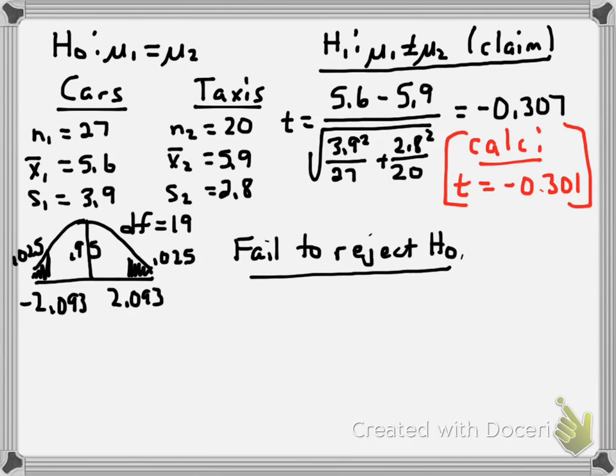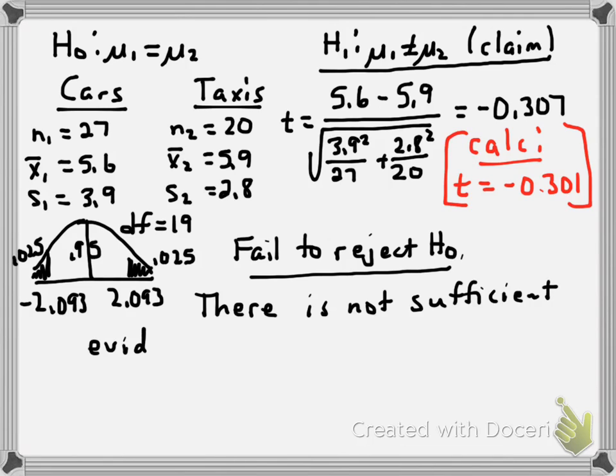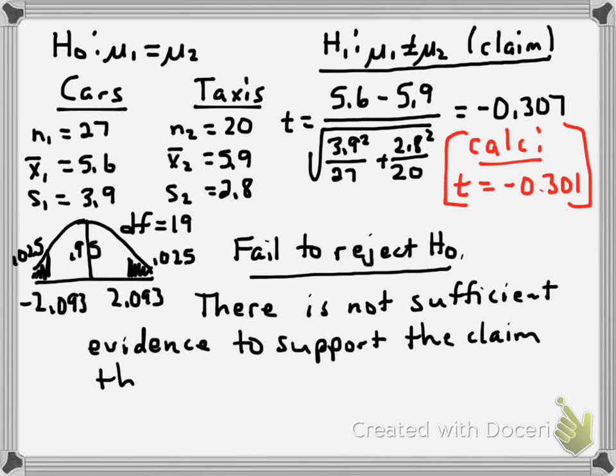We fail to reject the null hypothesis, so that means there is not sufficient evidence to support the claim that mean 1 is not equal to mean 2.